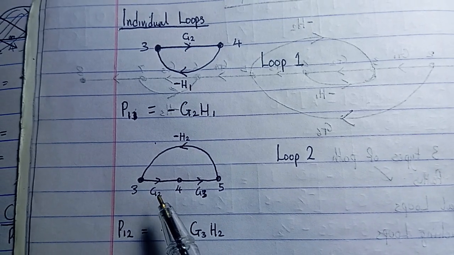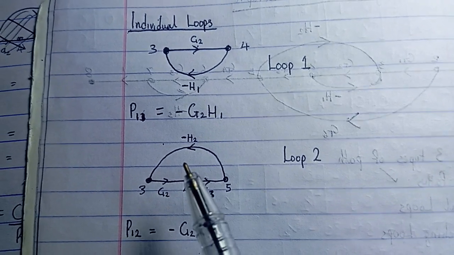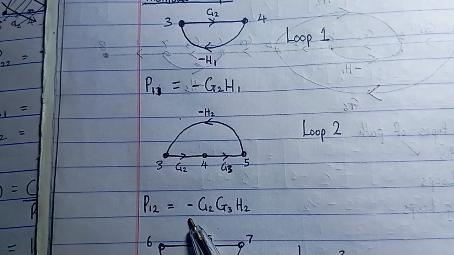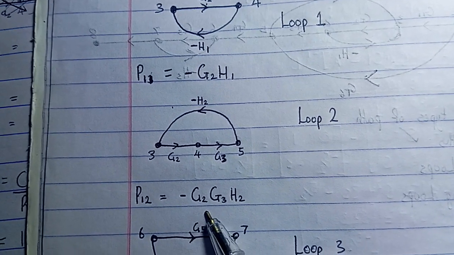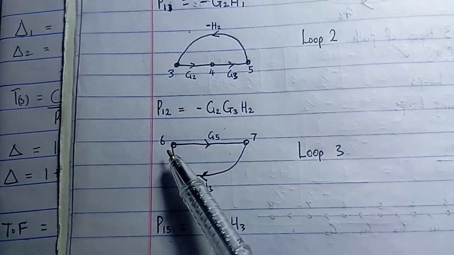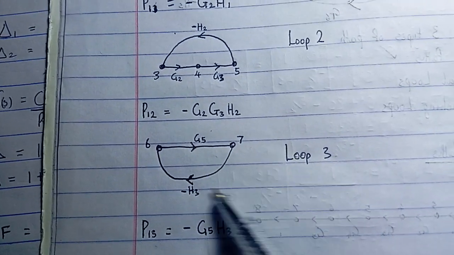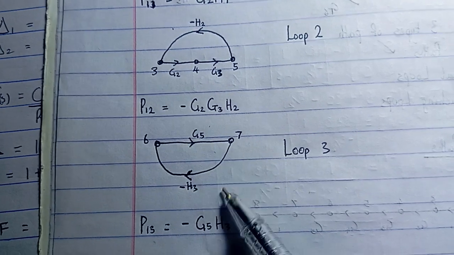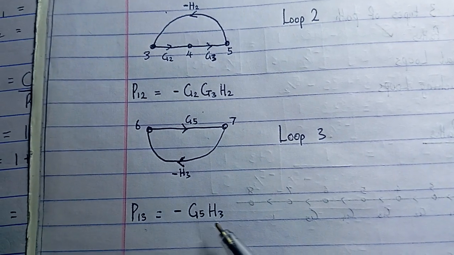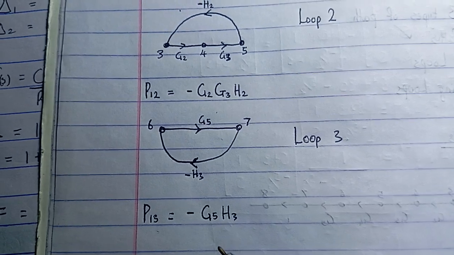To get the gain, we have G2 times G3 times minus H2 to give you P12 is equal to minus G2 G3 H2. And lastly, our third loop, 6 to 7 and back to 6, that is G5 times minus H3 to give you minus G5 H3.